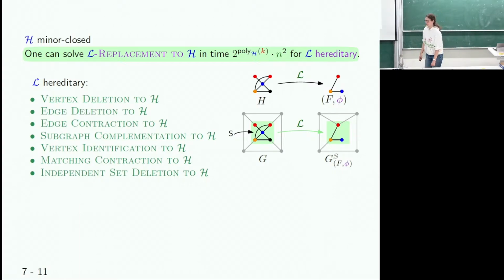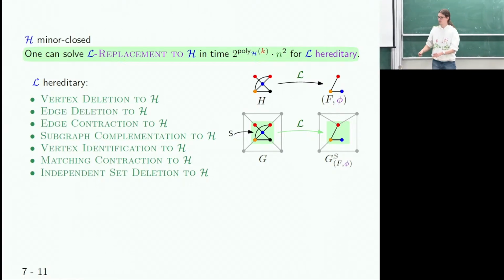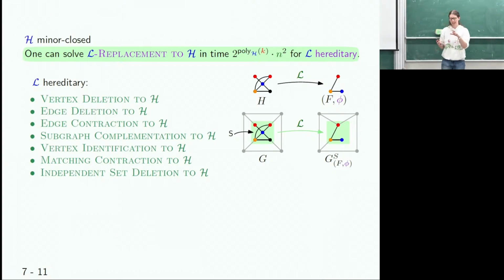How do you use this replacement to do vertex identification? There are several ways to define identification, but let's say you ask, can I identify k pairs of vertices?